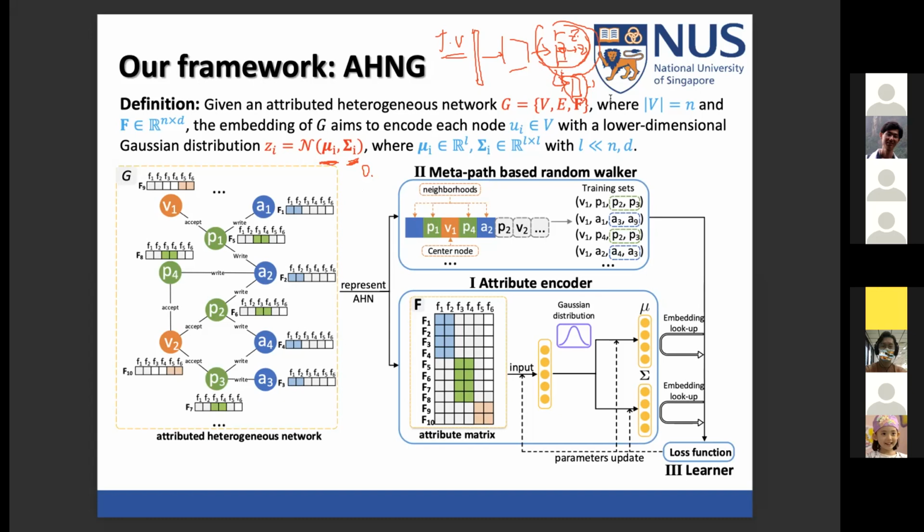But mu has the highest possibility that the node will be represented as one. Yes, I got it. The mu and the sigma are parameters learned through the training.